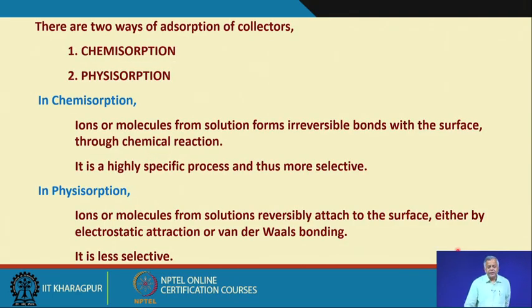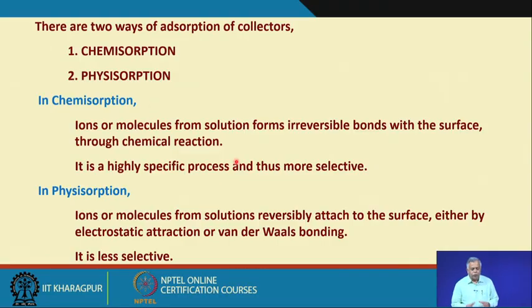Now, as I said, there are two broad mechanisms by which the collectors get adsorbed onto the particle surfaces. One is chemisorption, based on a chemical mechanism, and the other is by physical forces. So, in chemisorption what happens?